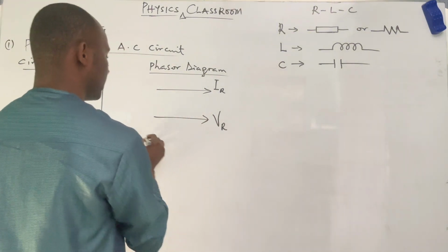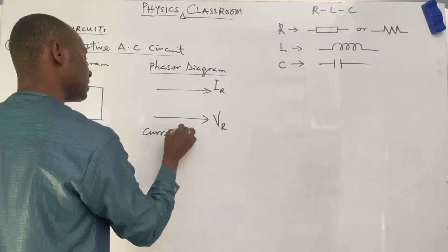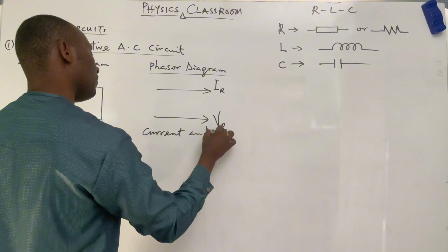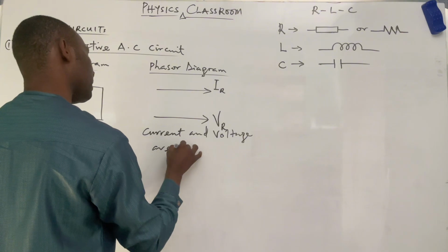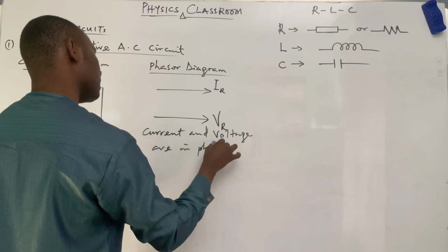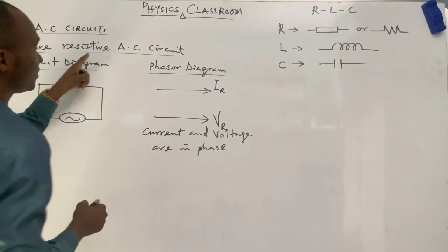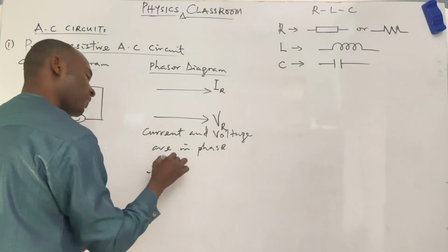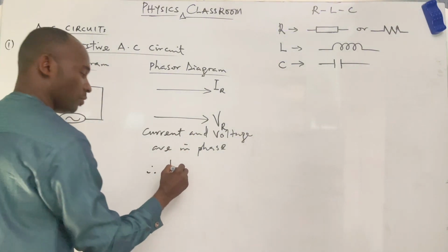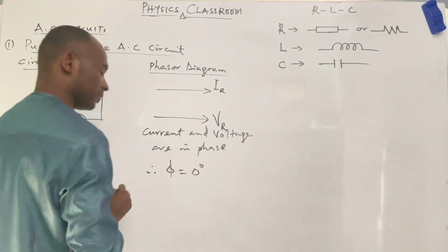The current and voltage are in phase for pure resistive AC circuits. That is, the phase angle phi will be equal to 0 degree.